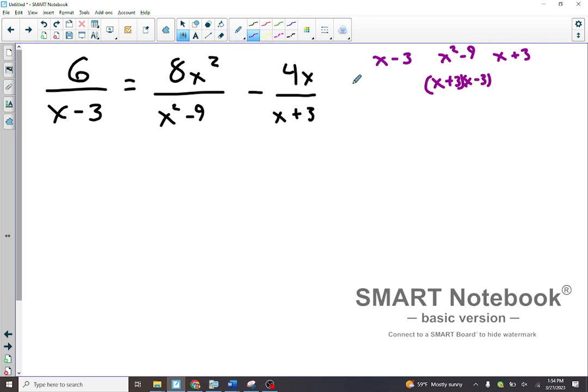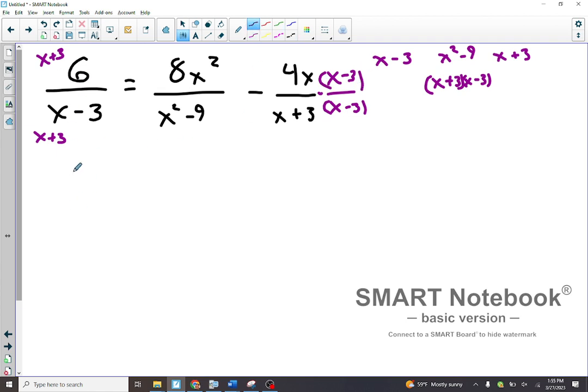So, in this case, x plus 3, x plus 3. This one already has x plus 3, x minus 3. Doesn't need anything. This one needs an x minus 3 over x minus 3.